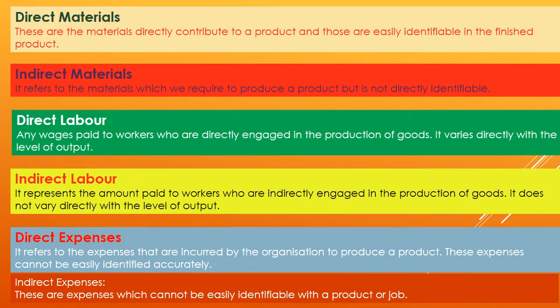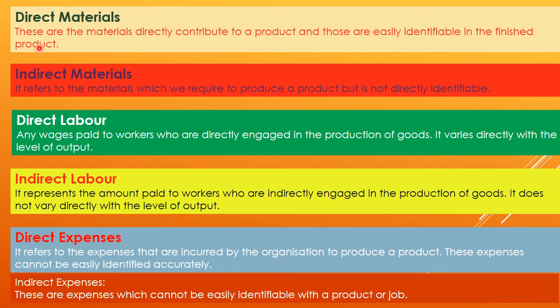Direct materials. These are materials directly contributing to a product, and those are easily identifiable in the finished product. So we can identify the direct material in the finished product. For example, timber in furniture. For making the furniture, we need timber, and that is easily identifiable also. And some materials which are required to produce the product but are not directly identifiable are there.